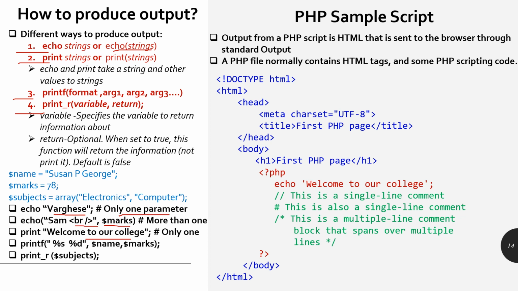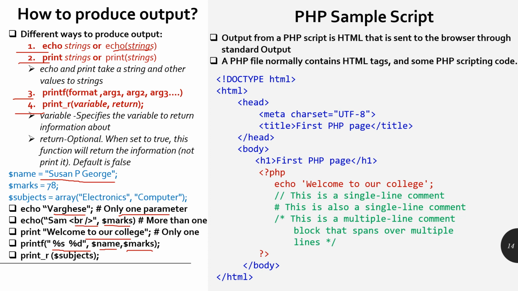In the case of printf, that is a formatted type of output. We need to specify the conversion specification. This is for string, this is for integer. This is the name, which will be displayed here, and this is the integer marks, which will be displayed here.